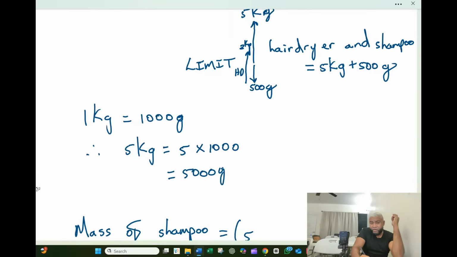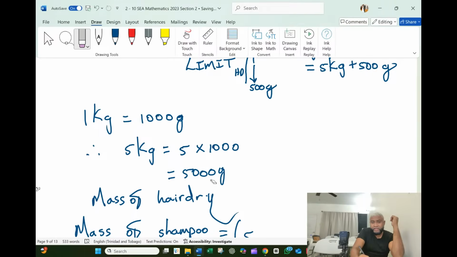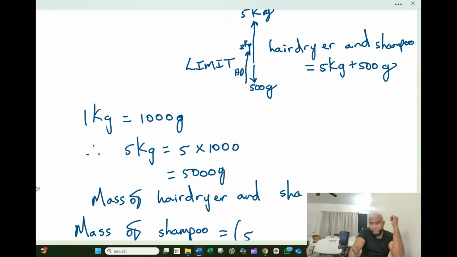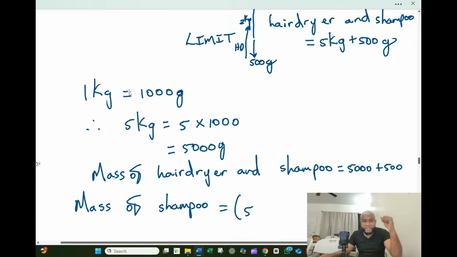So therefore, the mass of the hair dryer and shampoo would be equal to 5,000 plus 500, which would be 5,500. Everybody in agreement with me?